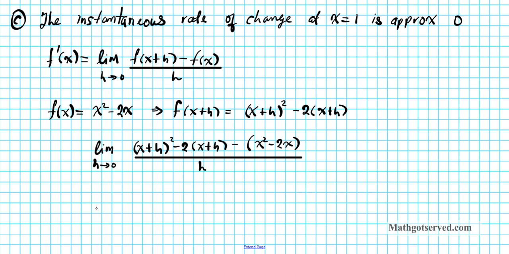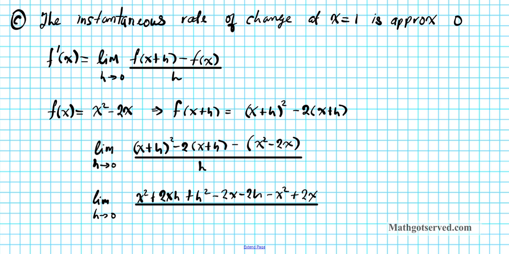If we work this out, we have limit as h approaches 0. x plus h squared is x squared plus 2xh plus h squared. If we distribute negative 2 to these two terms, we're going to have minus 2x minus 2h. And then distribute further here, we'll have minus x squared plus 2x. And then this entire expression divided by h. Okay?